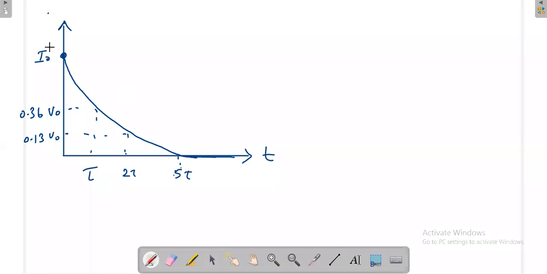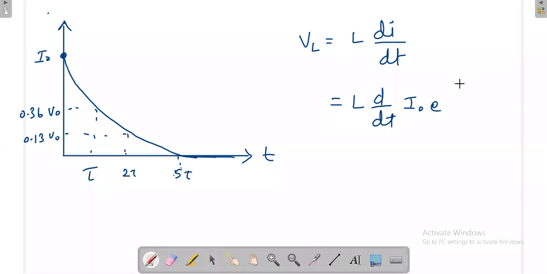Okay, now from this how to proceed? Now we know the current. Then what is the voltage across the inductor? The voltage across the inductor VL is equal to L di divided by dt. Now we know the current across the inductor is I naught e power minus t by tau.